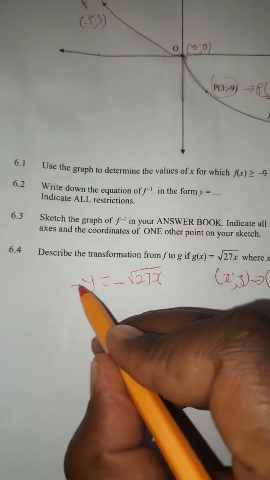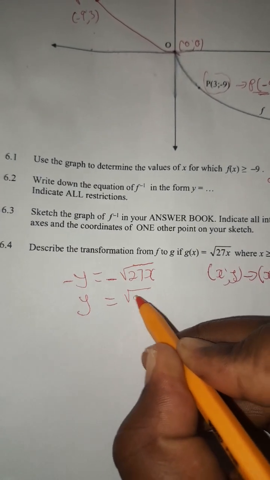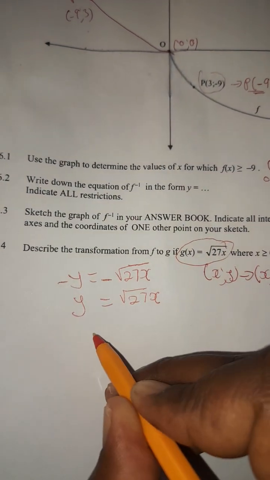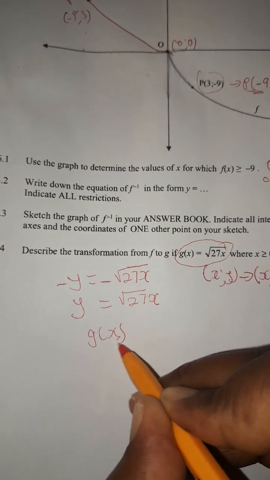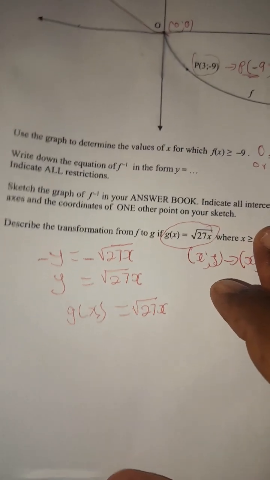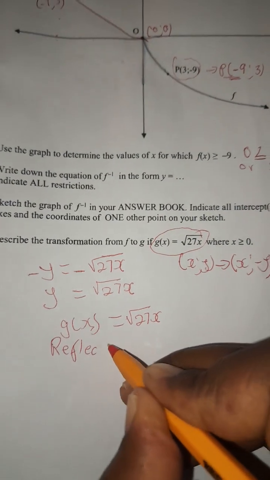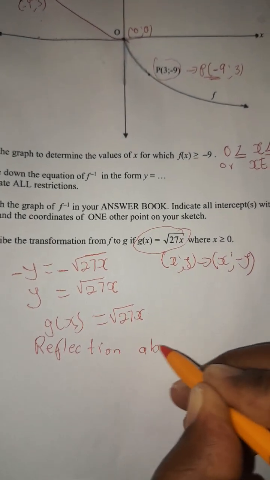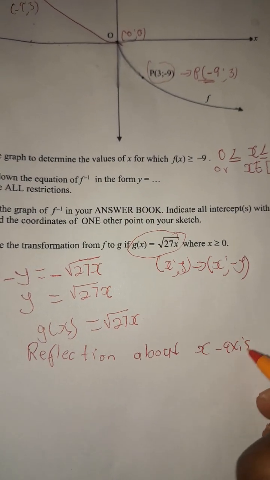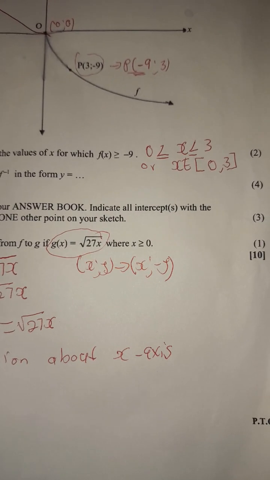So when we place a negative here, we divide everything by negative. This will be positive, as well as this, and it will be √(27x). Therefore, we have proven that g(x) = √(27x). So it will be a reflection about the x-axis. And mind you, when it's a reflection about the y-axis, it's only x that will become negative. That's how you were supposed to get those 10 marks.